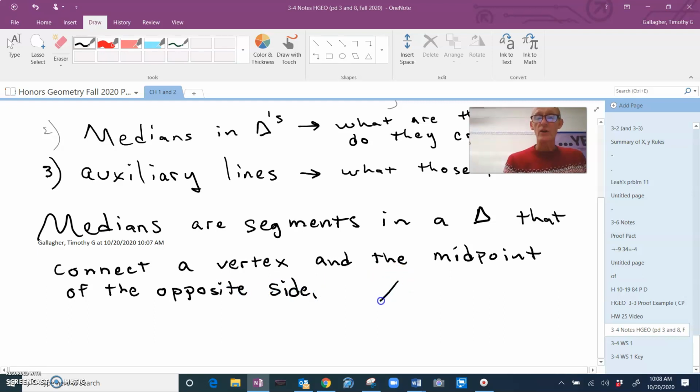Now I'm going to draw a triangle right here. And in a triangle, there are three vertices. So this is a vertex. This is also a vertex, and this is also a vertex.